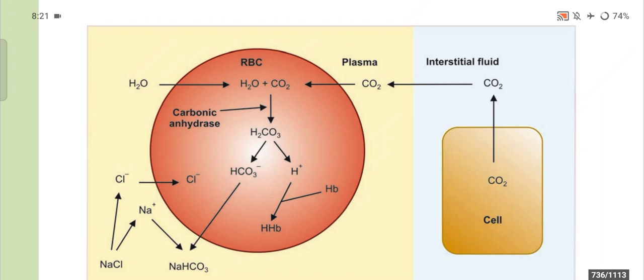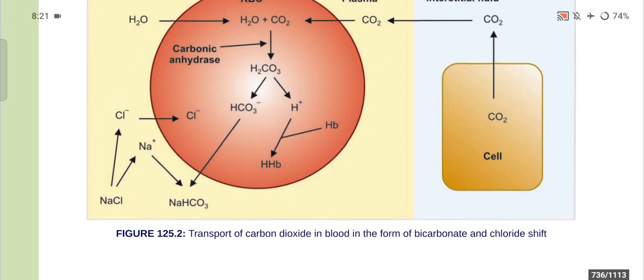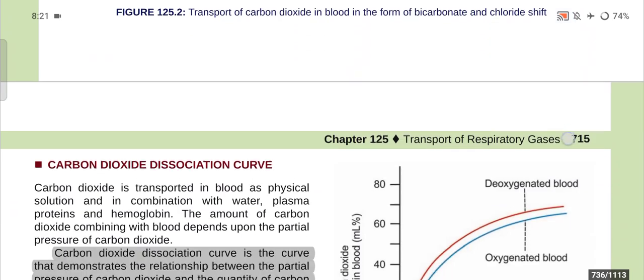Then hemoglobin comes and buffers the H plus ion, forming HHb, and the bicarbonate ion comes out of the RBC and combines with Na plus to form sodium bicarbonate, and Cl minus enters into the RBC, forming the chloride shift. So this is the mechanism.